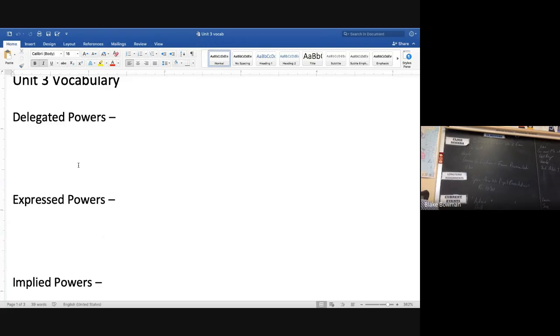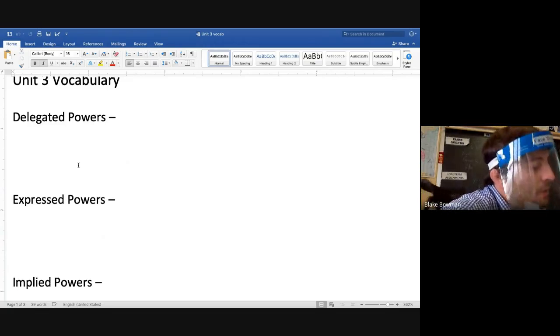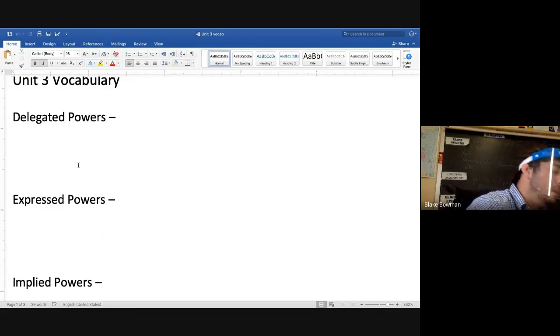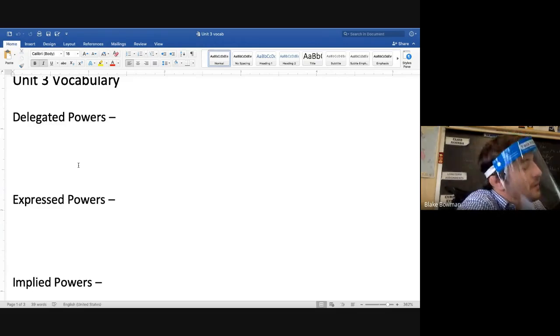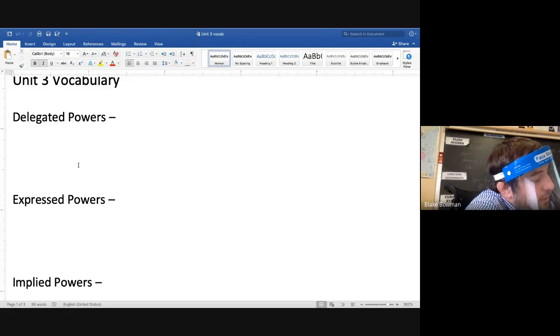All right, good. And that's derived from McCulloch versus Maryland, right? Even though it's not stated in the Constitution, it's that necessary and proper clause. Okay, good. Any questions at all? We good? All right, so I'd like you guys to go to chapter 3 on the online textbook, three branches of government.